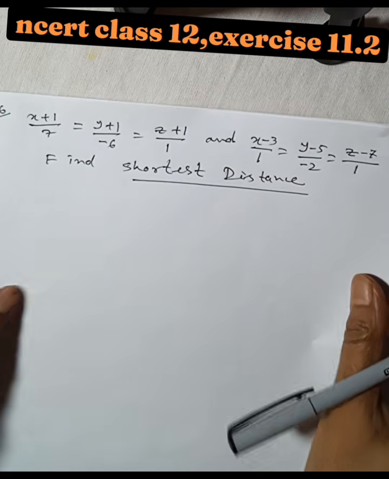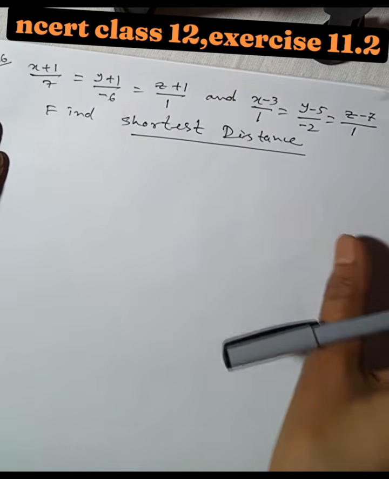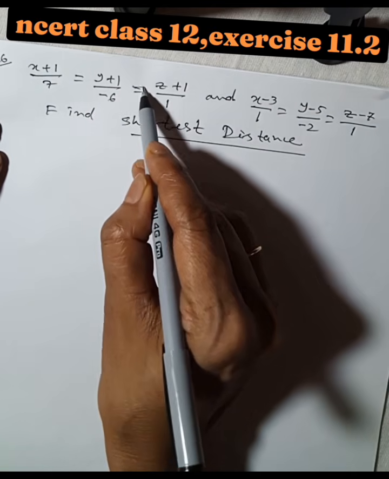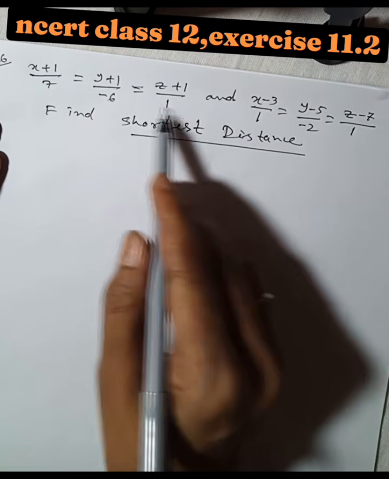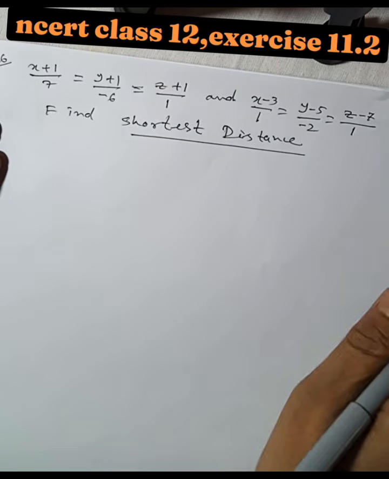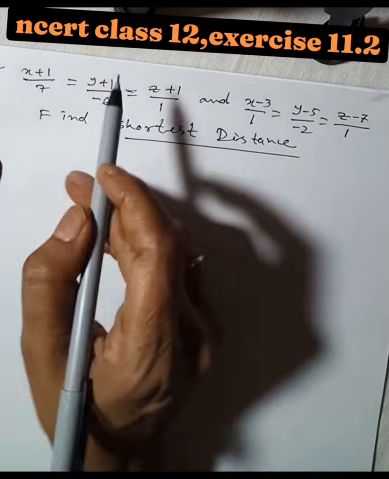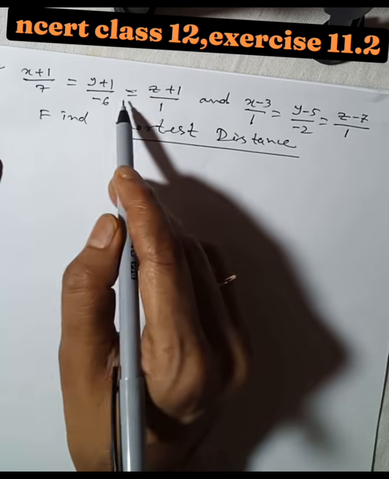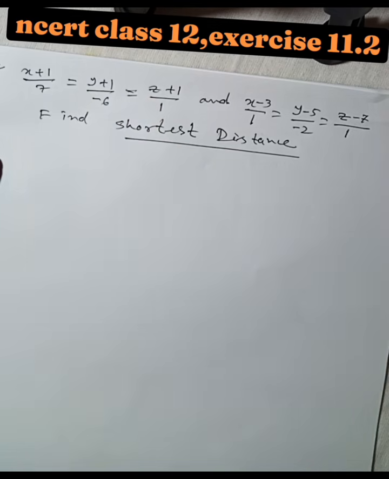Now we find the shortest distance between the other two given lines. Here I just change from Cartesian to vector form.